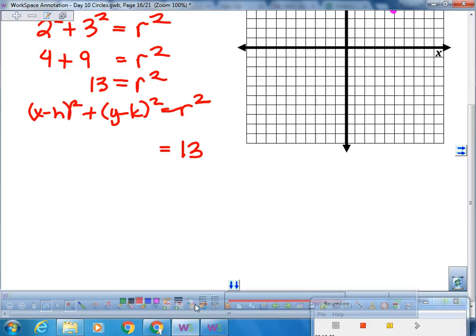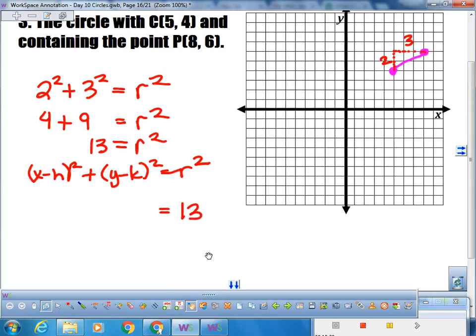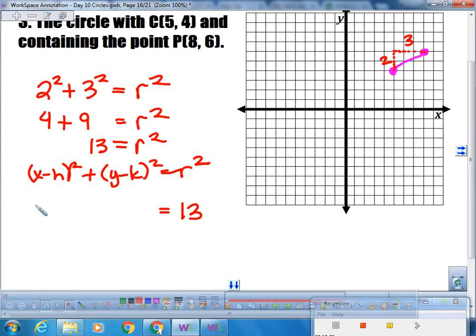My center is over 5, up 4. So if I'm going over 5, that's going to be x minus 5 squared. And then there's my x, and here's my y. I'm going to be going up 4. There's my equation.